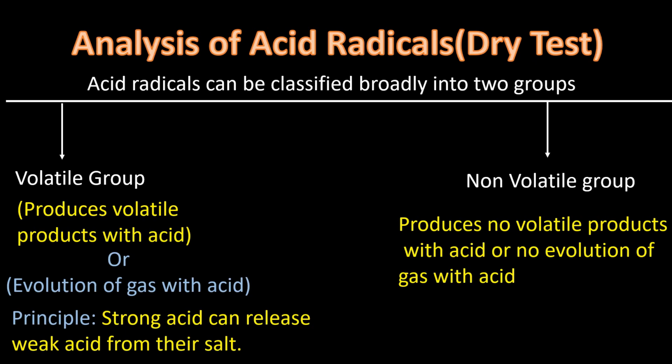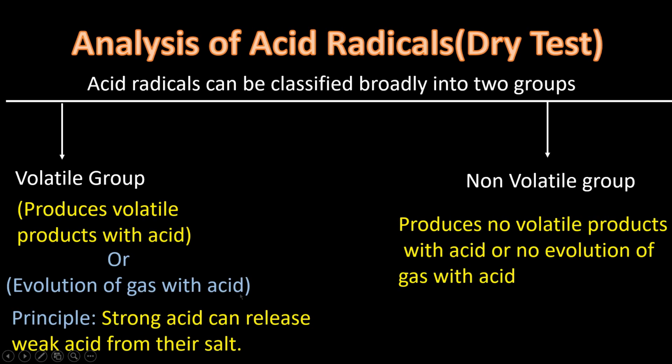Now, these acid radicals can be classified broadly into two groups. One is the volatile group. Volatile group means which produces volatile products with acid, or the evolution of gas with acid. Another one is the non-volatile group, which does not produce any volatile product with acid, or no evolution of gas with acid.